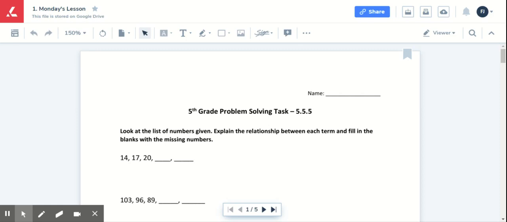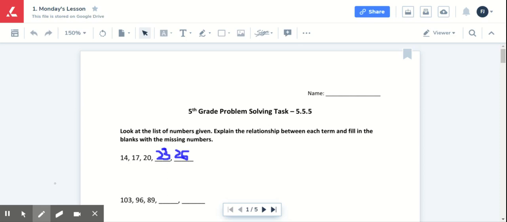So you should have filled in your next two numbers as 23 and 26. Great. This is an addition pattern, and the rule is to add 3.